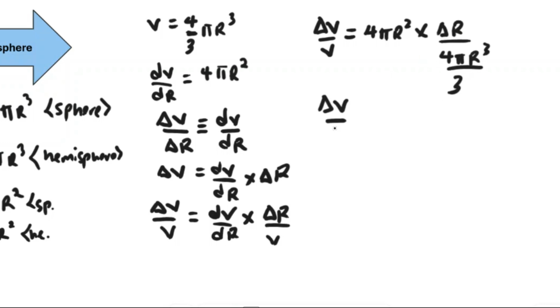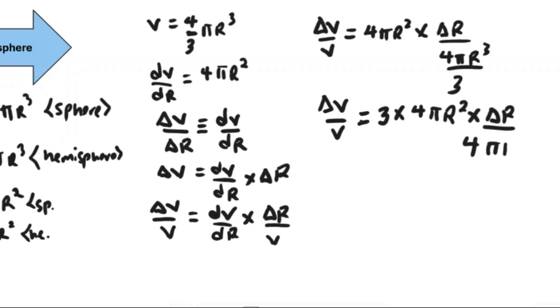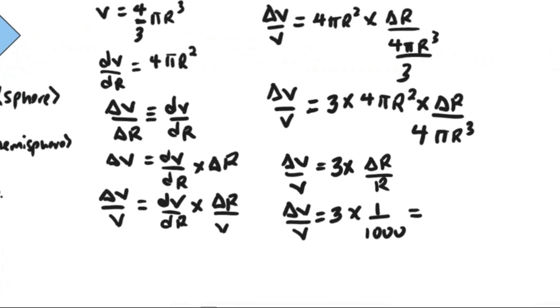The reciprocal of this automatically will give us 3 times 4 pi r squared times delta r divided by 4 pi r cubed. Here delta V over V will give us 3 times, 4 cancels 4, pi cancels pi, r squared and r cubed, we'll be left with delta r over r. Our delta r over r is minus 1 over 1000.